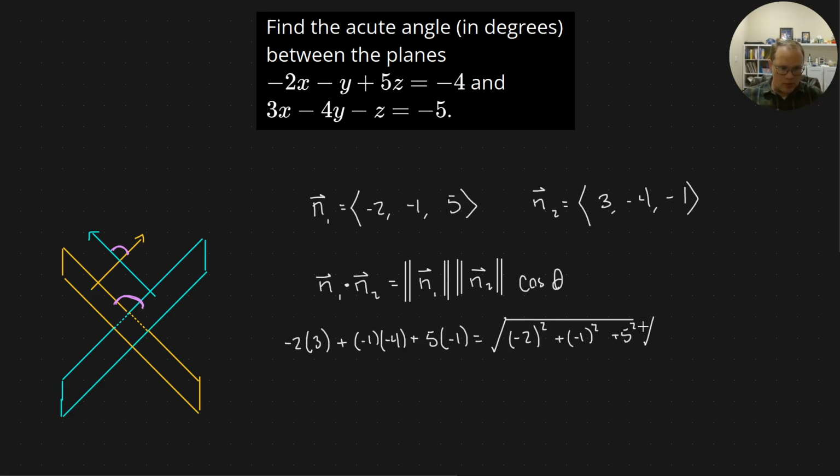And then square root of, for my second normal vector, I get 3 squared plus -4 squared plus -1 squared times cosine of the angle between them. So let's do the arithmetic real fast. I have -6 plus 4 is -2 minus 5 is -7.